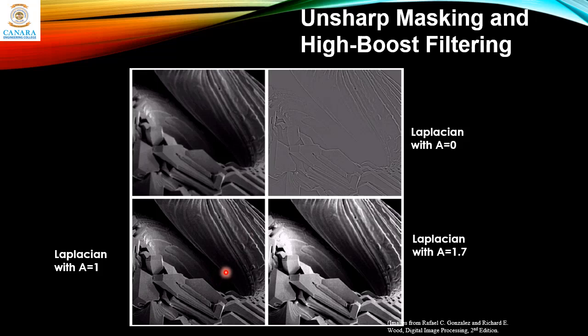So this is the result. A slight improvement is there in the edges. But if you boost it with the amplification factor of 1.7, look at the result now. The darker regions in the input image have been illuminated, or basically brightened, and even the edges are quite clear here. So this is the advantage of using a high boost filter.